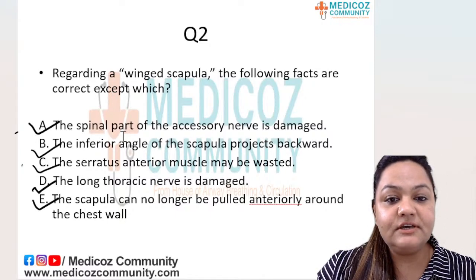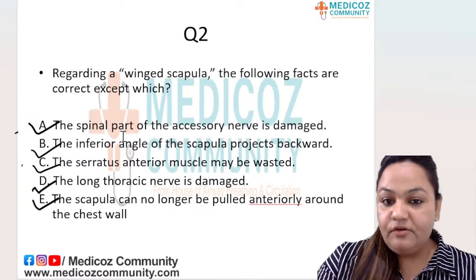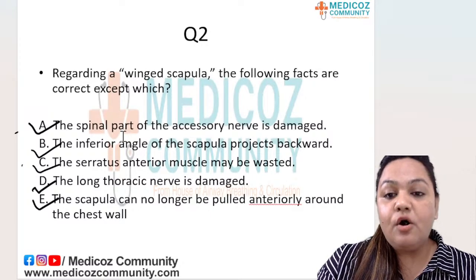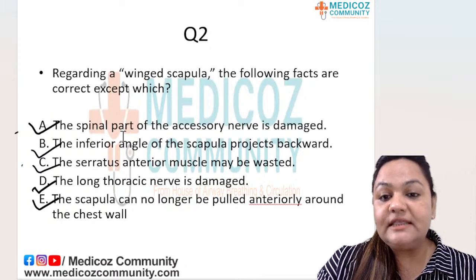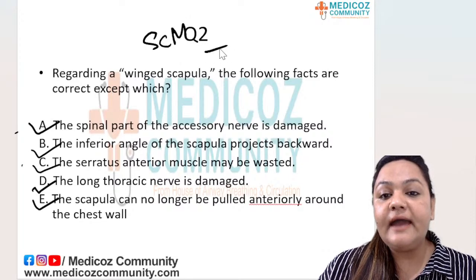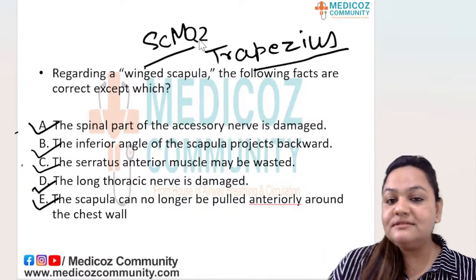Any answers for this? If the spinal accessory nerve is damaged, it will cause paralysis of the sternocleidomastoid and trapezius. So you know the answer here.